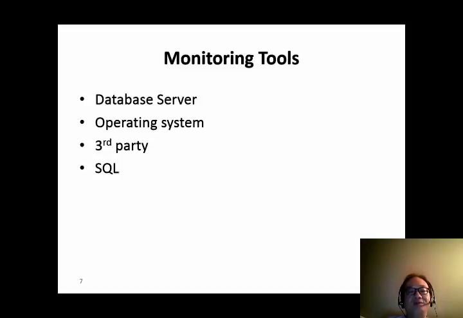We can also use tools that came with the operating system, such as Performance Monitor. If we can justify the business needs, we can implement a third-party integrated tool to monitor our overall database infrastructure. We can always use SQL statements to gather performance data.